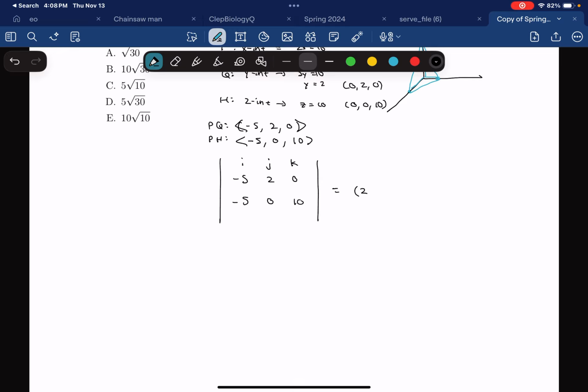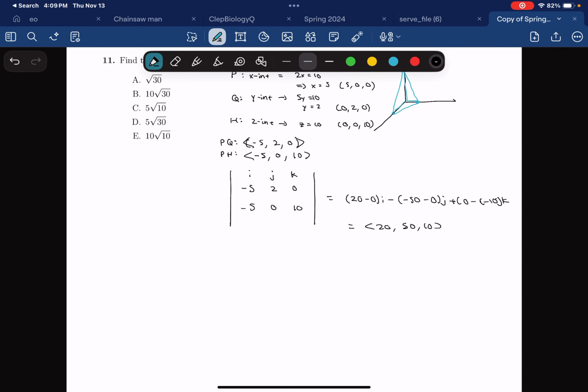This will be 20 minus 0 i, minus negative 50 minus 0 j, plus 0 minus negative 10 k, which gets you the vector ultimately (20, 50, 10).